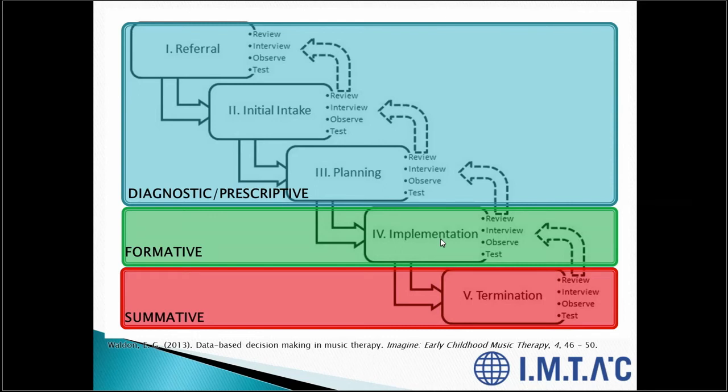We're determining whether or not they're no longer benefiting from treatment, if they've met their goals and objectives, and also determining whether or not a follow-up or discharge plan may be necessary. And that's coming about through summative assessment. And again, we're looking at a review of records or documents, interviewing the client, doing observations, and then collecting quantitative measures through testing.